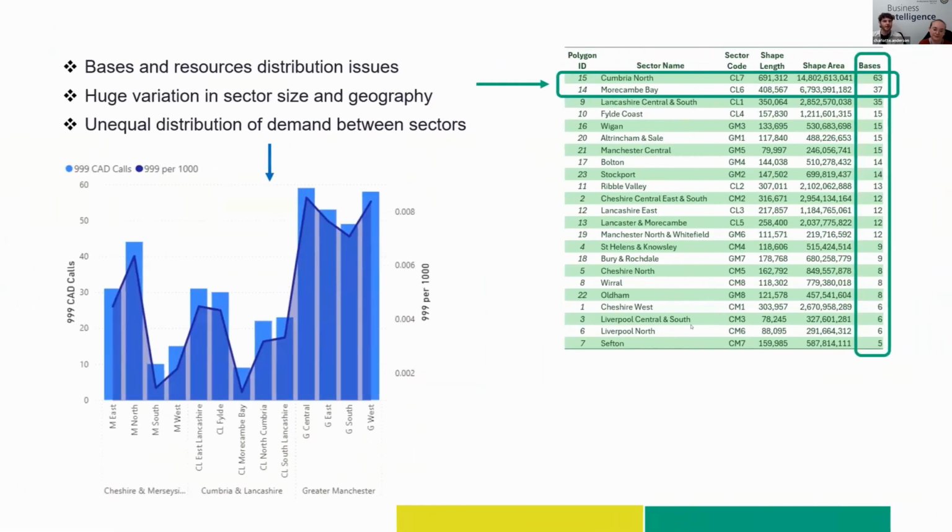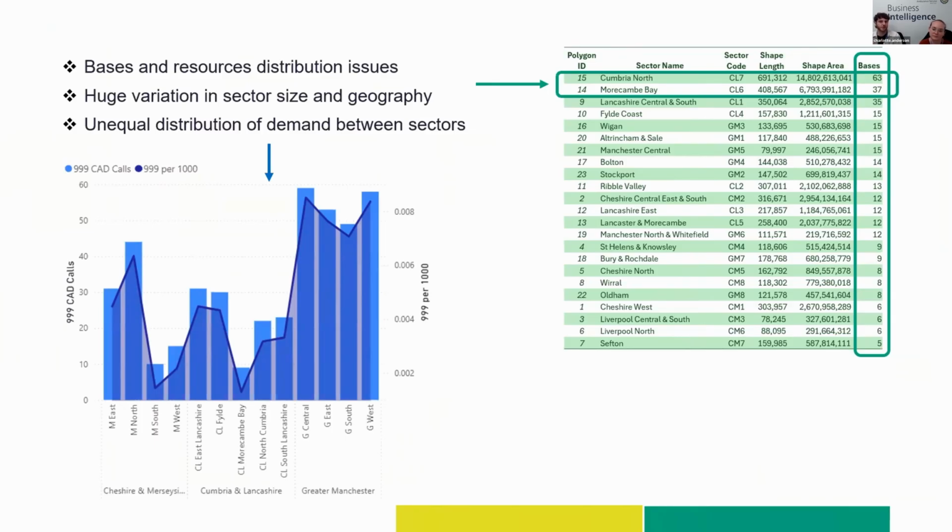Looking at the case of resource distribution as well, up in Cumbria you have a gigantic footprint. You can see with that shape area, we've got one sector right at the top that's 14 million, I believe it's square metres, but it's a huge area, and there are 63 bases that are all part of that.